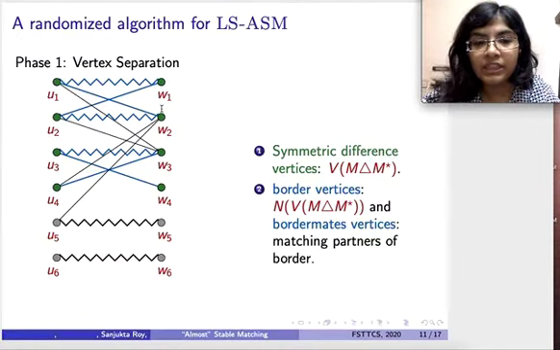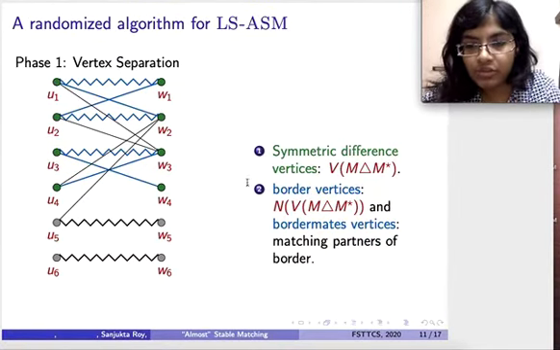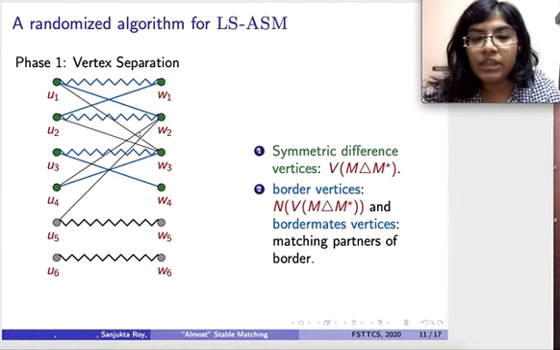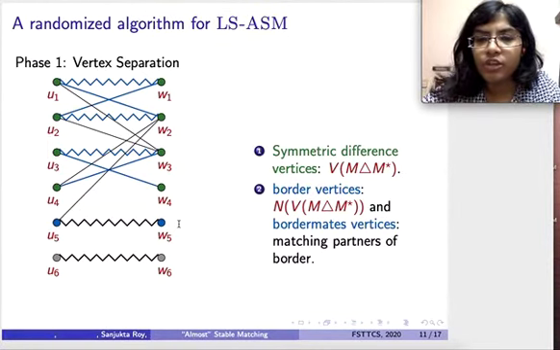So we call their neighbors border vertices. Any neighbor of a green vertex, such as here U5 is a neighbor to W2, is called a border vertex, and their partners we call border mates. To separate the symmetric difference vertices from the remaining graph, we want to color these border and border mate vertices with blue.